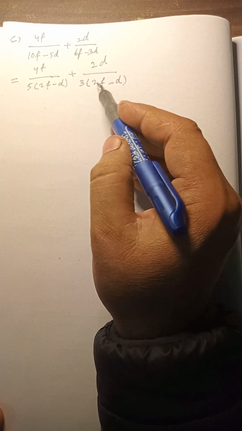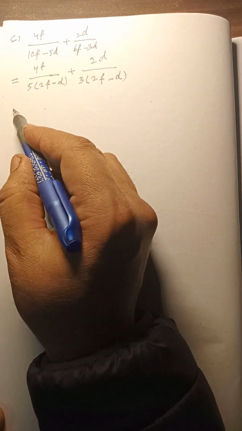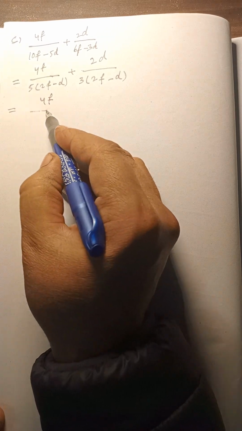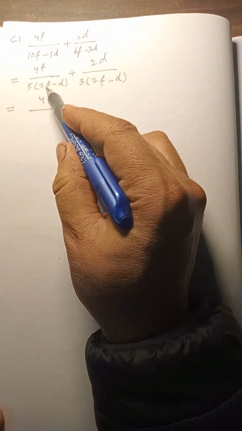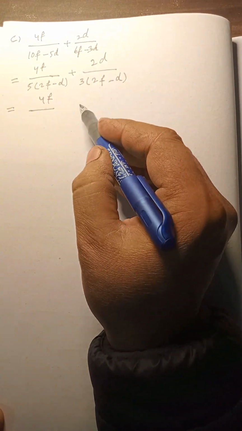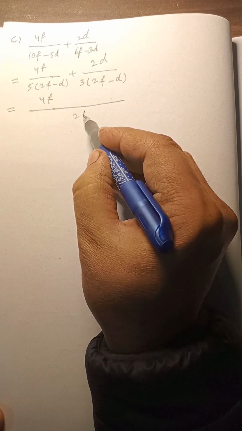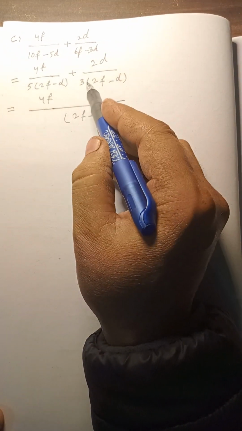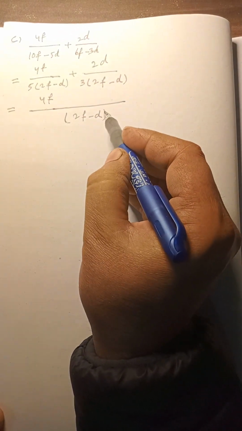2f minus d and 2f minus d are both the same. Now we can take their LCM easily. We have to take the LCM first. 2f minus d and 2f minus d are the same, so 2f minus d will be taken once, and 5 and 3 are different, so they will also be taken in the LCM.